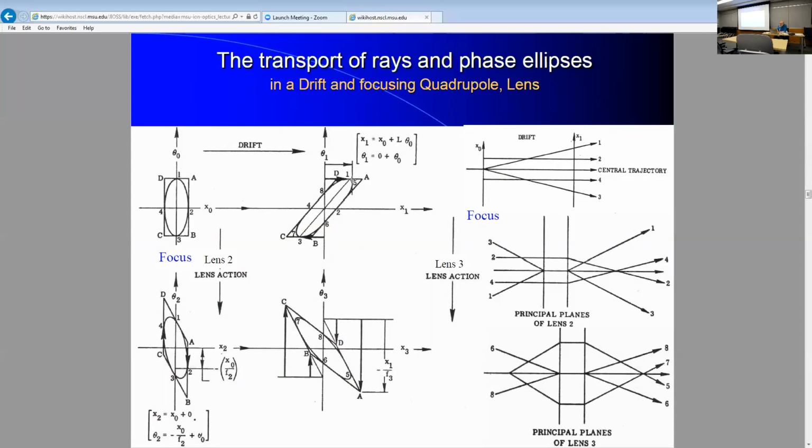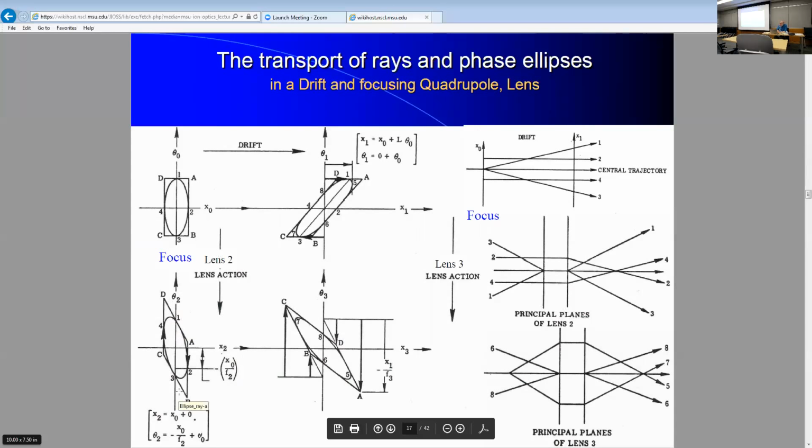So you see this drift is a shearing of the ellipsoid along the horizontal x-axis. If you have a lens, you can go through the same exercise by looking at where the rays are at the beginning and where the rays end up, it's a shearing in the direction of theta.